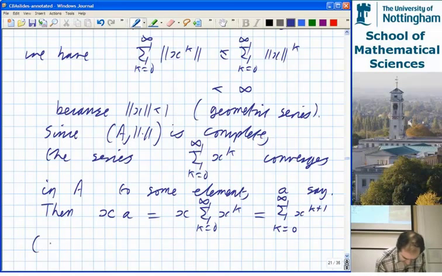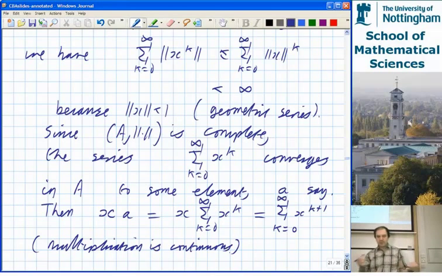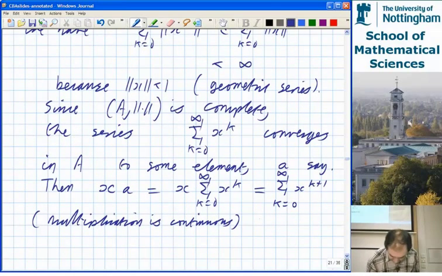That's because multiplication is continuous. And so you can bring multiplication by an element of the algebra inside the sum, which is equal to the sum just re-indexed.